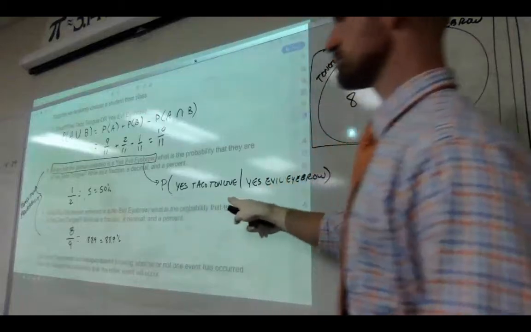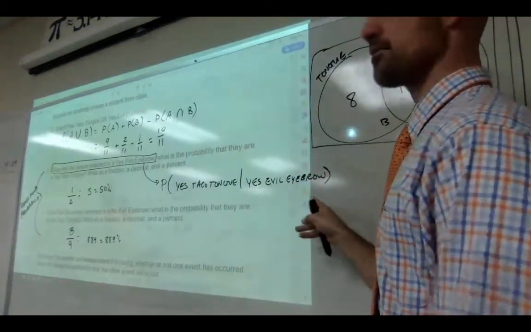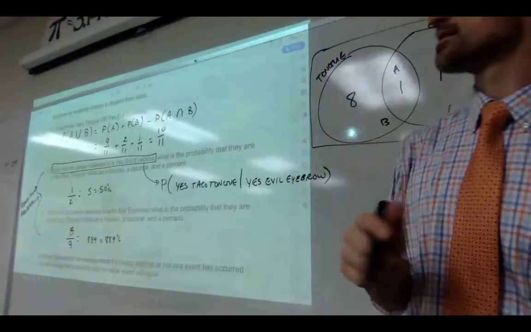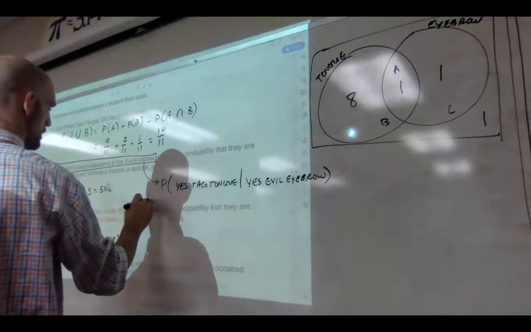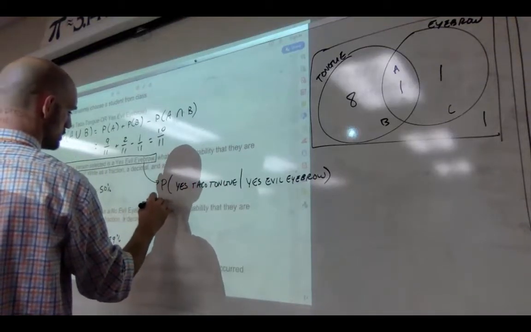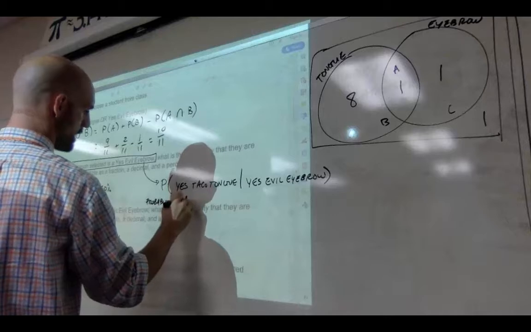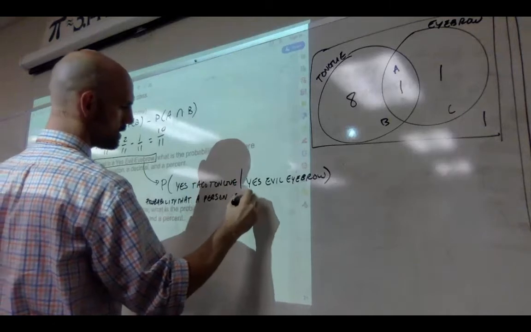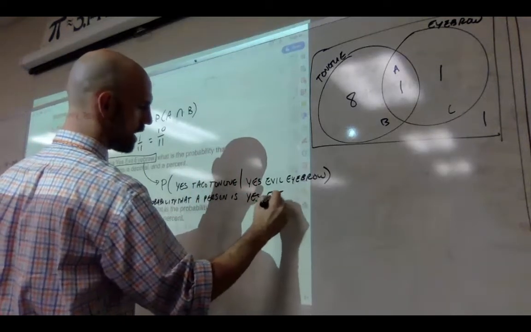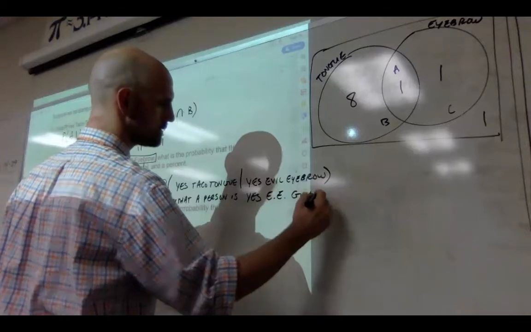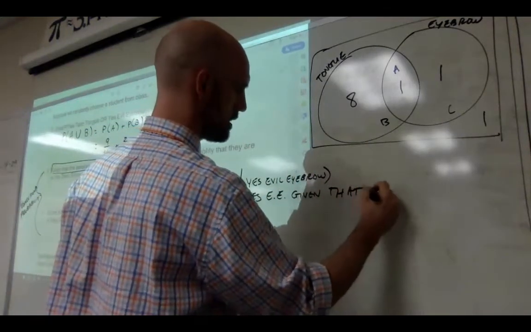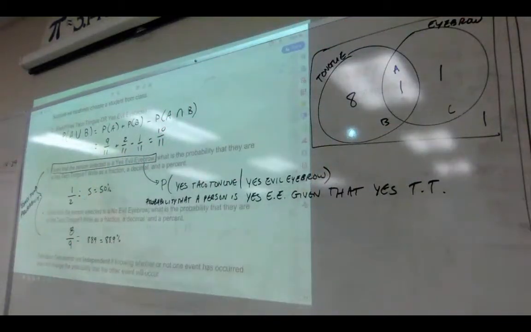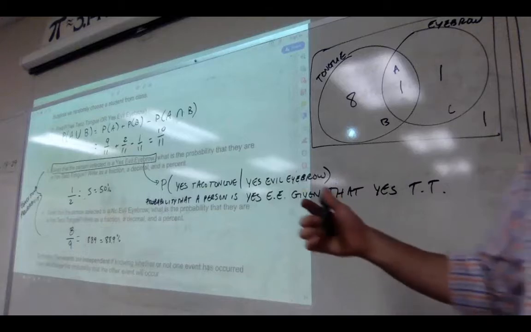P, yes, taco tongue, bar, evil eyebrow. This means, literally, given that the person selected is yes, evil eyebrow. So this would be the probability that a person is yes, taco tongue, given that yes, evil eyebrow. That's how you read that phrase.